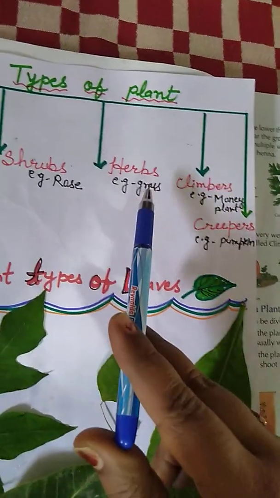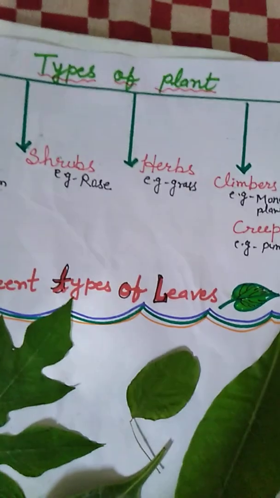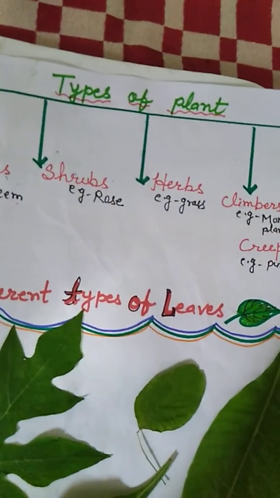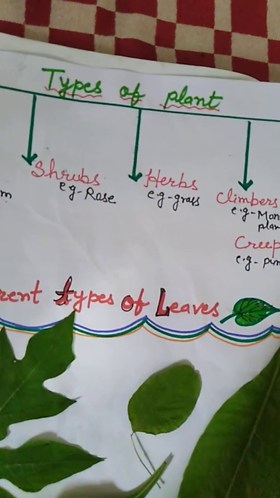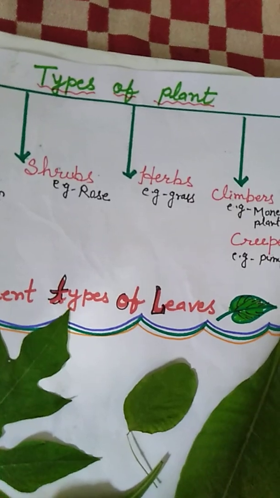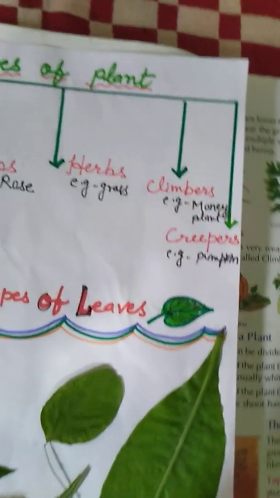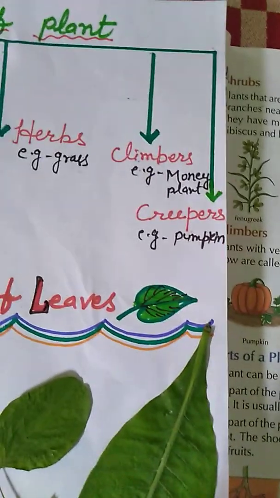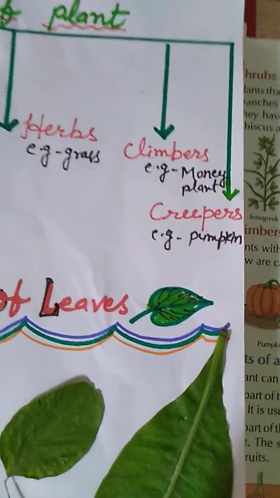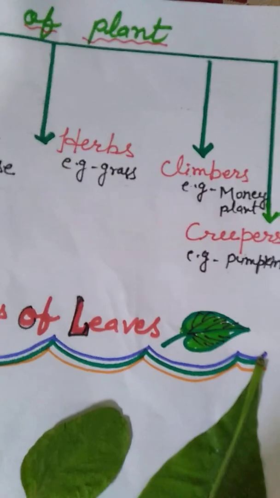Example, rose. Next is herbs. Plants with a weak and soft green stem are called herbs. Example, coriander. Next, climber. Plants with a weak stem that need support to grow are called climbers.